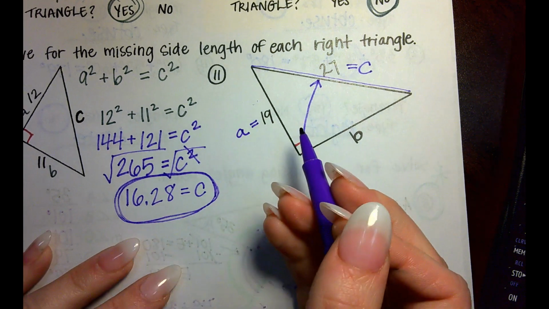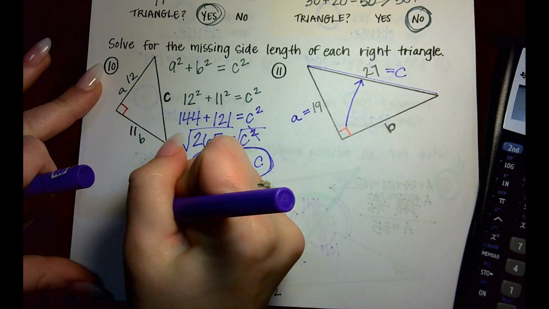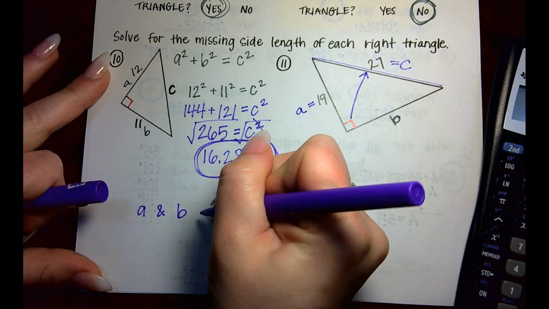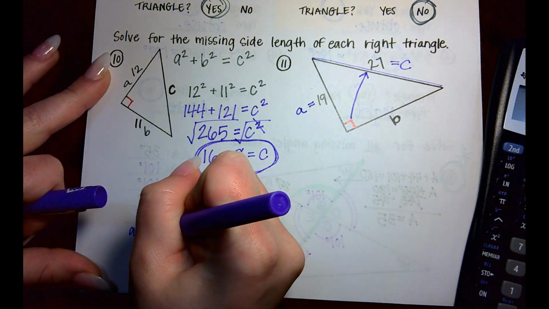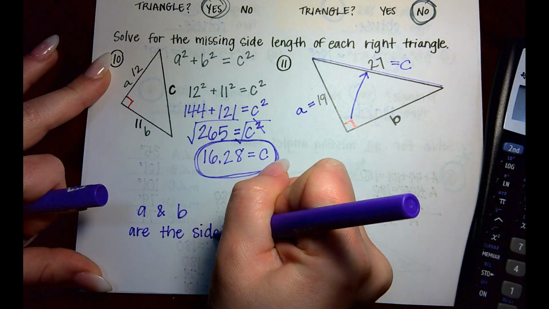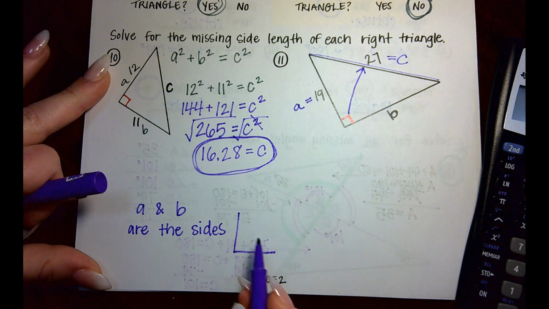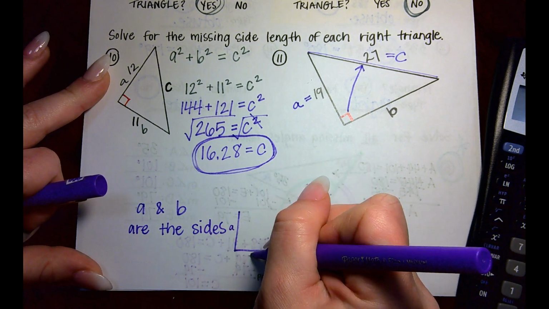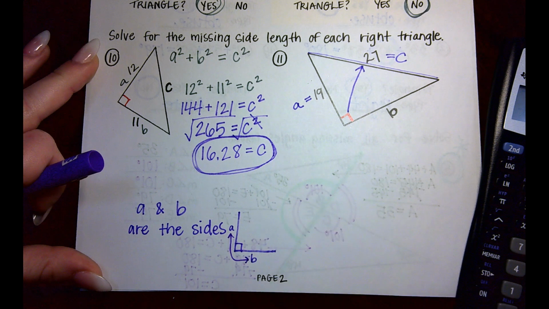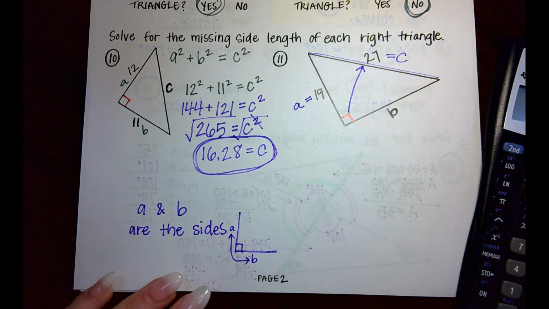So here, we could even make a note of that. Let's do that. A and B are the sides that make the 90-degree angle, like this. A and B are the sides.